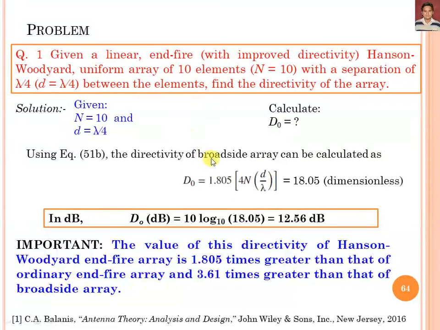It is the end-fire array with improved directivity. So the directivity of the Hansen-Woodyard end-fire array is 1.805 times greater than the ordinary end-fire array and 3.61 times greater than the broadside array. This is the important conclusion for solving problems related to broadside and end-fire arrays, for directly calculating the directivity.